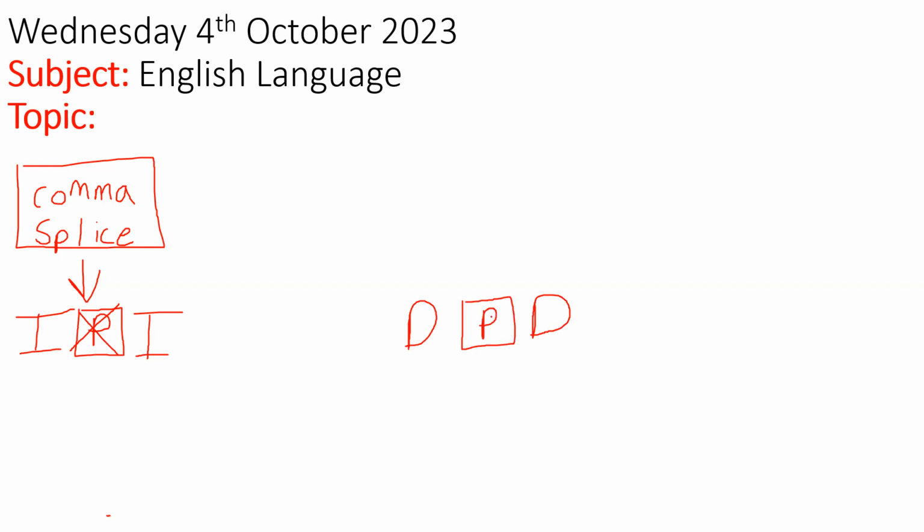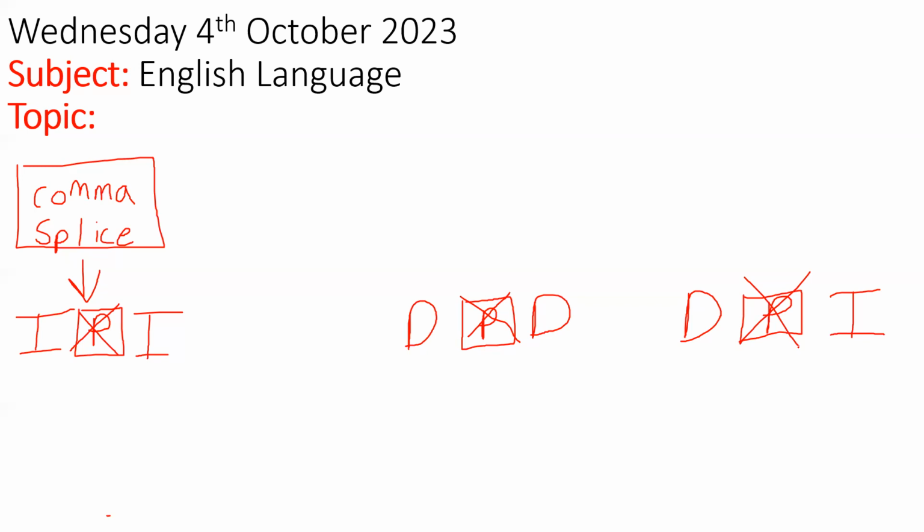That's how you form this type, subordinating clause run on. Or if you have a dependent clause along with an independent clause and you use the wrong punctuation, then we call that subordinating clause run on. Okay. So that's what we're going to be looking at today, those two examples.